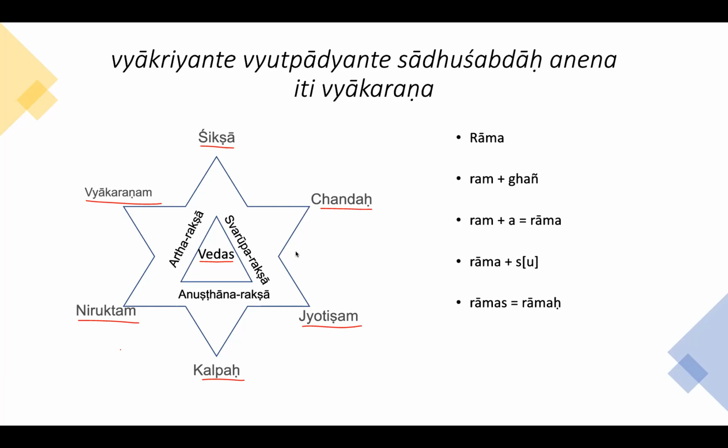Ashtadhyayi is a full Vyakarana. Jiva Gośvāmī's Vyakarana is not a full Vyakarana in the sense that it teaches us the Laukika Sanskrit mostly, whereas Panini's Ashtadhyayi teaches not just Laukika Sanskrit but also the Vedic Sanskrit.